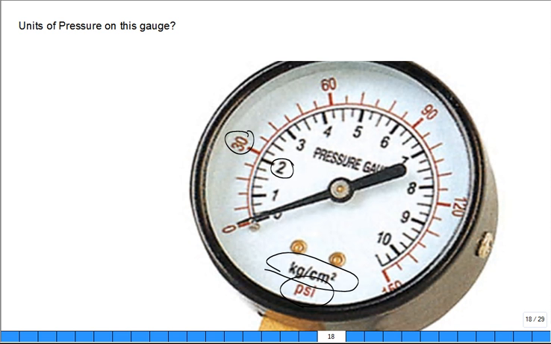What is 1 kilogram force per centimeter squared, roughly? It's around 15 psi. It's around 1 atm. It's around 1 bar. I didn't say precisely, I said around. Right? Because you can see that 10 is around 150.